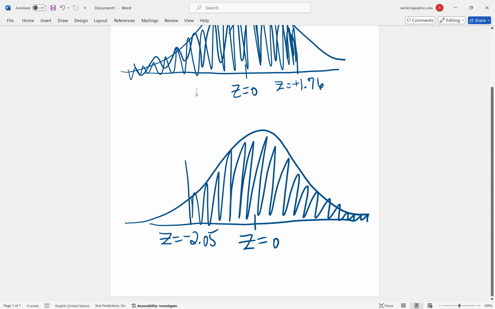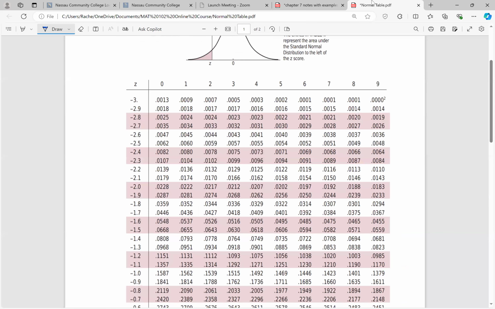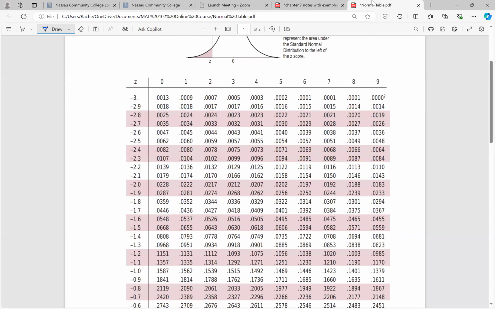So I have to go to my negative table. So let's go to the normal table. And we're going to go to the negative side now. And we want to look up a z-score of negative 2.0 and then a 5 in the 100 spot. So we're going to look where 5 is up top, and then we're going to go to where they meet. And that's going to be 0.0202.